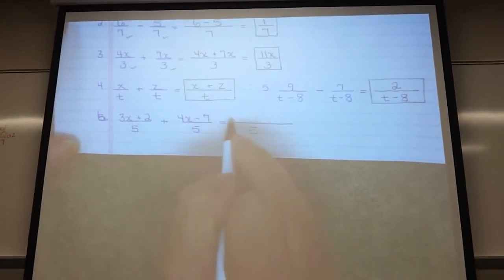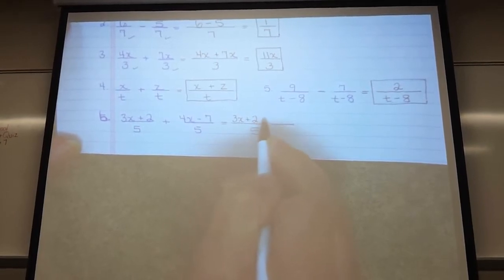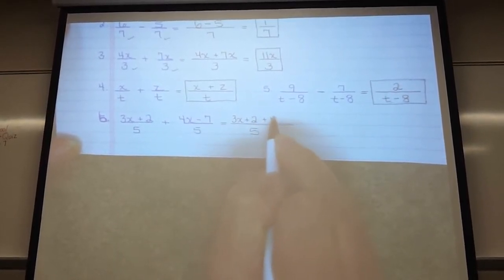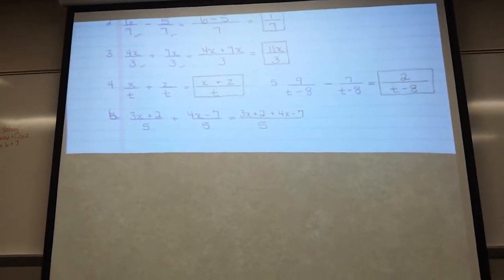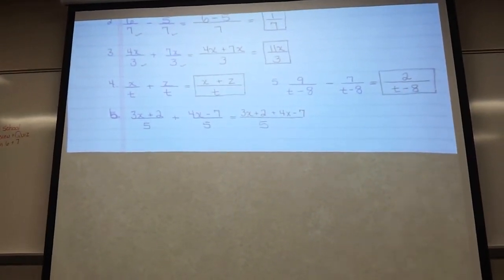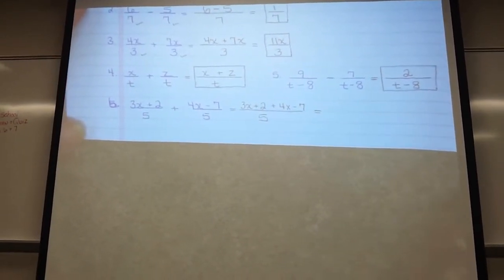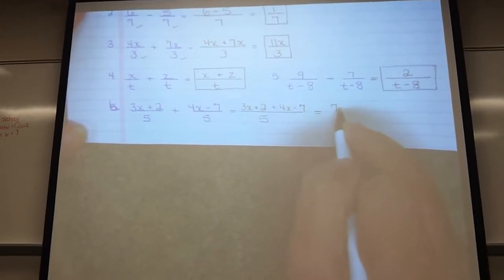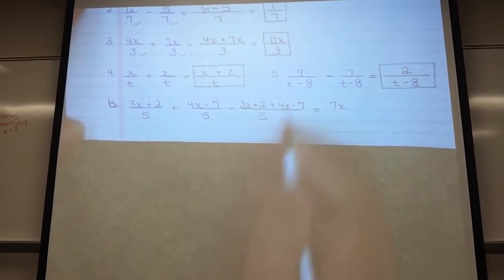And if I squish, I'm going to have 3x plus 2 plus 4x minus 7. This is just kind of keeping it all under the same denominator. And if I combine like terms on the top, how many x's am I going to have? 7x minus 5. So I added my x's, 3x and 4x.